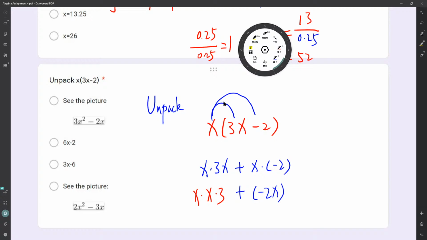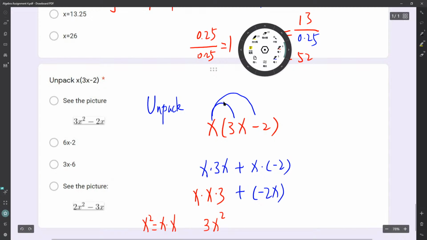And what about this? X times x, a number multiplied by itself. It's going to be a square. A number multiplied by itself, that's the square. So this is x times x, that's x squared. So this is going to be x squared times 3, or 3 times x squared.